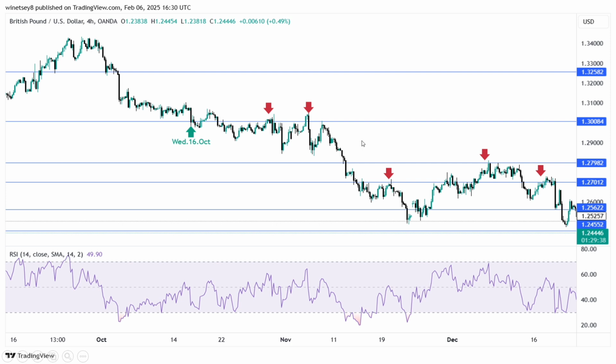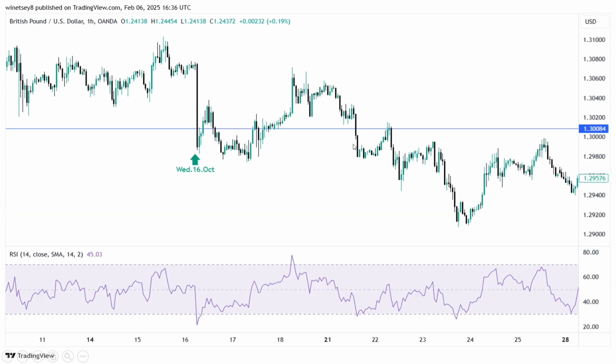So for the sake of this lesson, we'll be looking at Wednesday 16th of October and Thursday 7th of November. So that will be our range to pick out our sell entry.